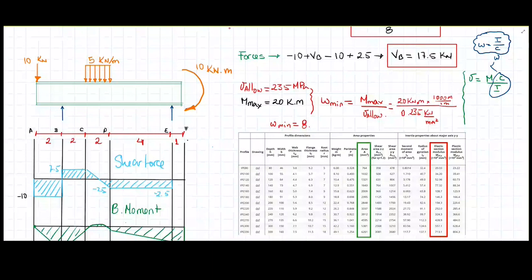Well, actually, it's in the same format as this one, times 10 to the 3 millimeters cubed.